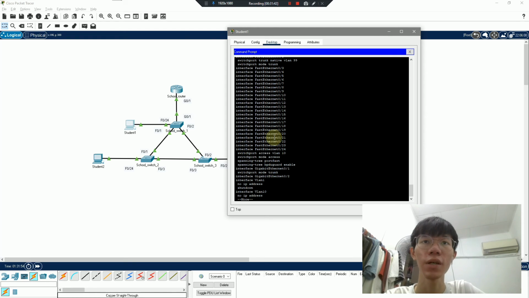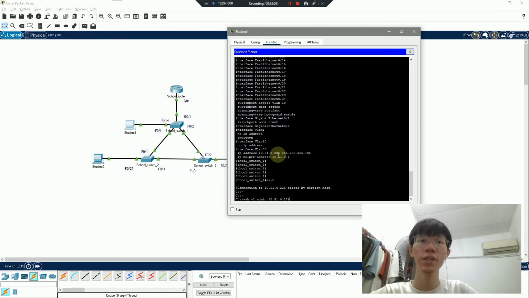Next is FastEthernet 0/24, in switchport access VLAN 10, access mode, with spanning-tree portfast and BPDU guard enabled. GigabitEthernet 0/1 on switch 1 is in trunk mode.